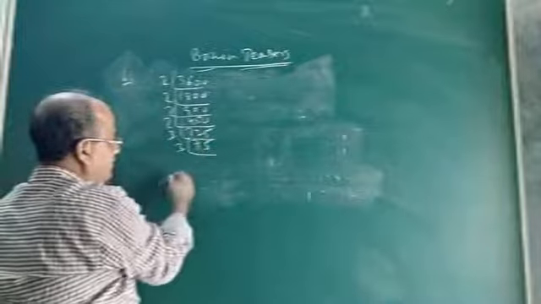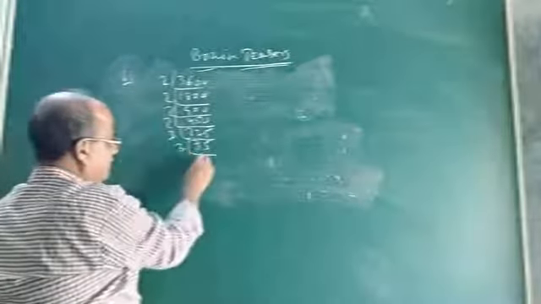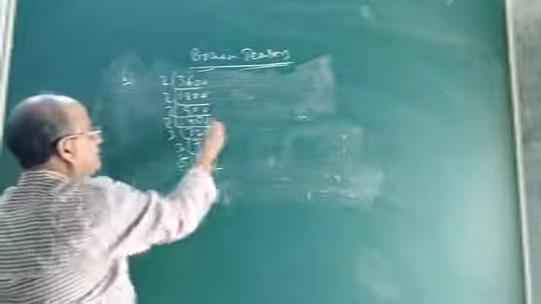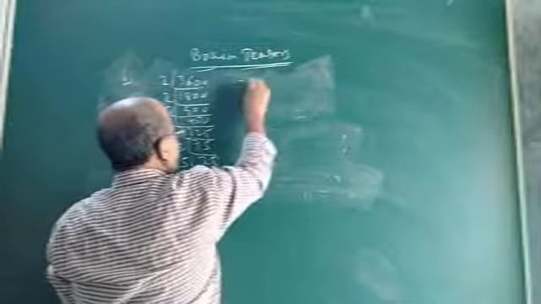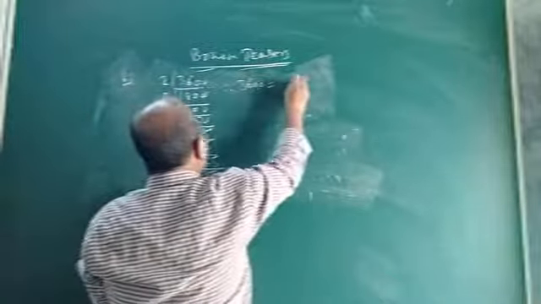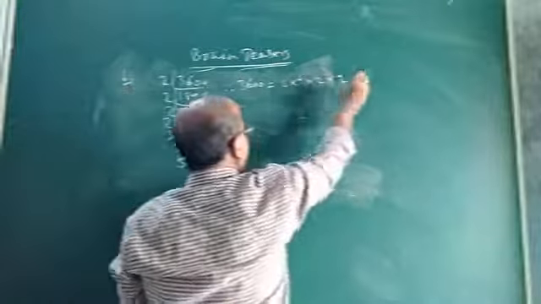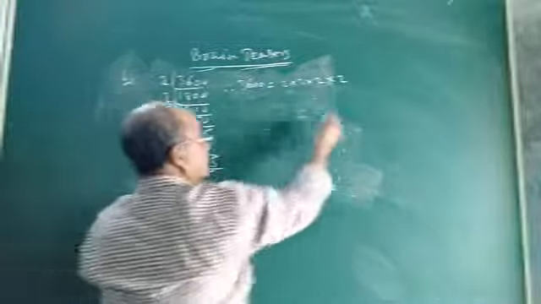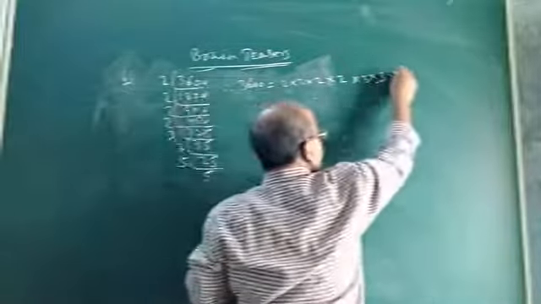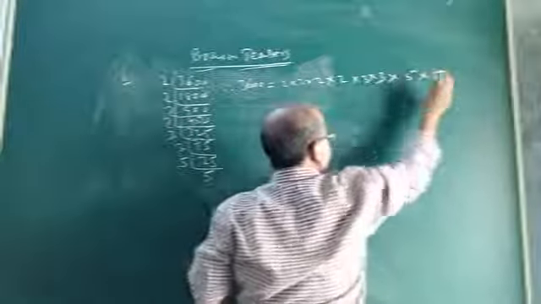Again divided by 3 it will be 25. Then divided by 5, 5, 1. So what is the prime factorization of 3600? It will be 2 into 2 into 2 into 2. How many 2's are there? 4 2's. Then how many 3's? 2 3's. And how many 5's? 2 5's.